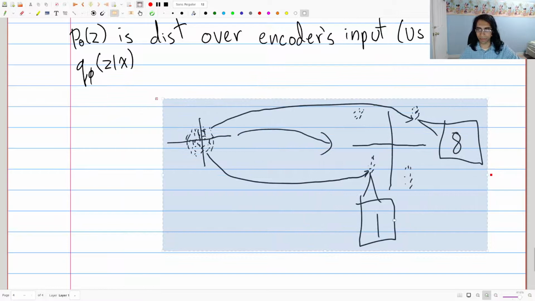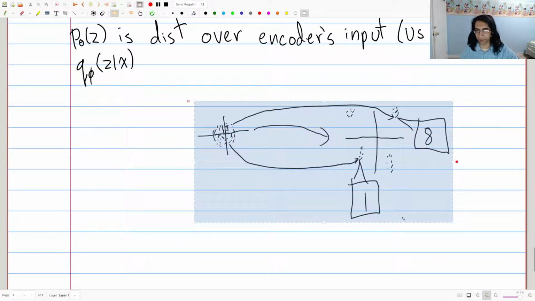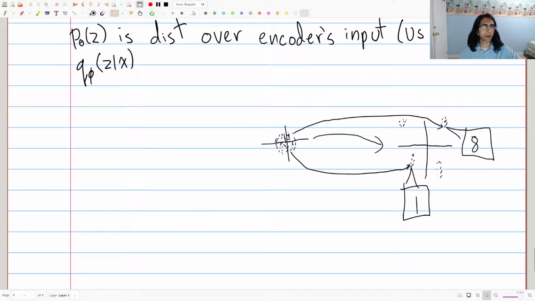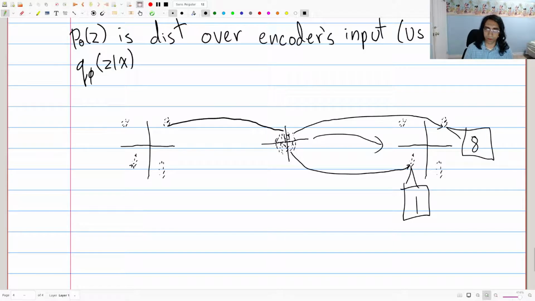So maybe the picture you should have, like when we just drew a kind of a generator, the decoder part, was this. But what we actually want, how you can actually picture it, is something like this, where what we start with is samples from the original distribution, and we map from points in the original space to things like this, and then we map back.